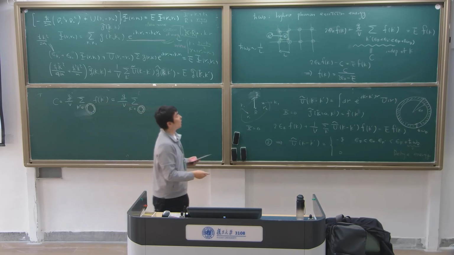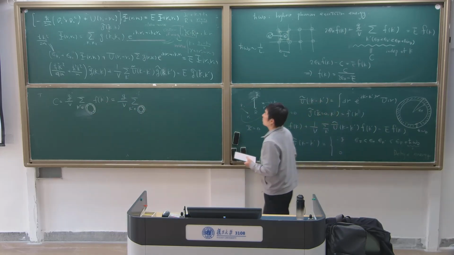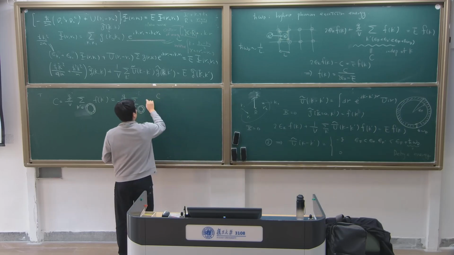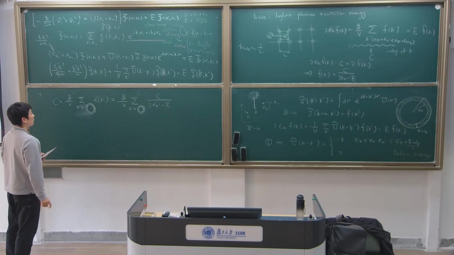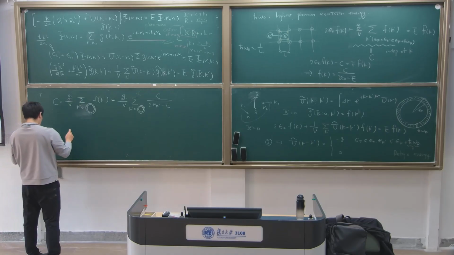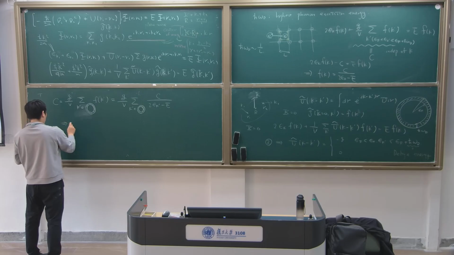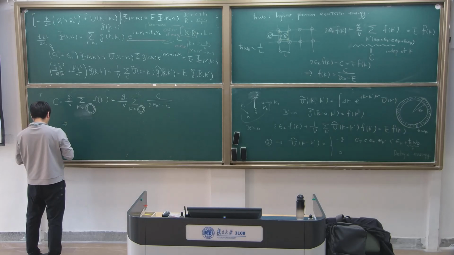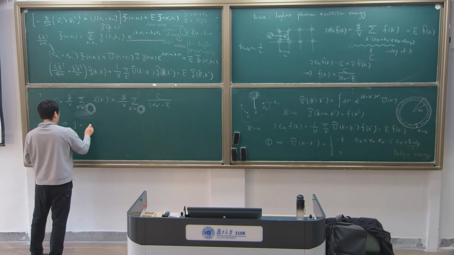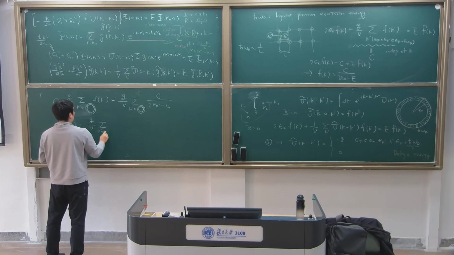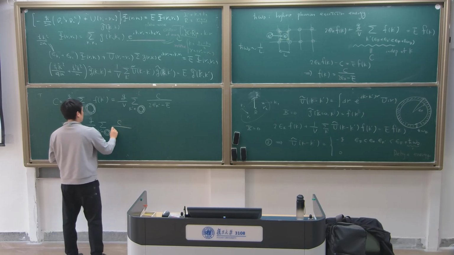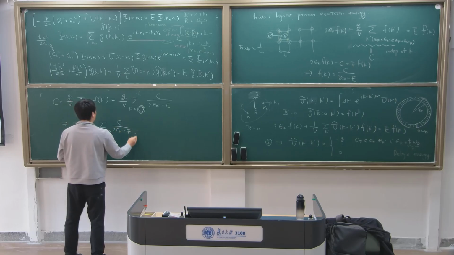And F of K prime is given like this. So now we just plug in, and what we get is 1 equal to G over V, like this.